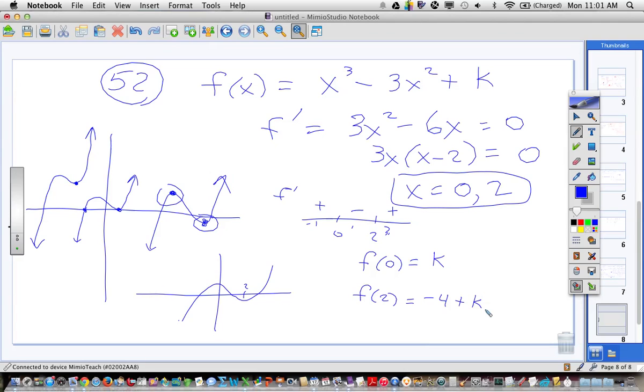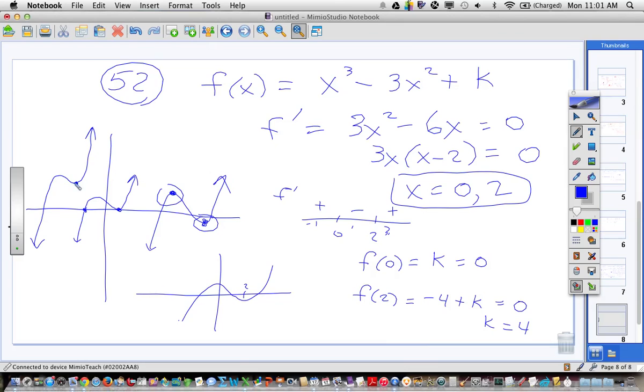What did I say I wanted? I wanted to know when these y values were 0. I needed to know right when this min and this max were going to be touching the x-axis, which means their output is 0. So when will this one have an output of 0? Oh, when k is 0. And this one will have an output of 0 when k is 4. Now remember, this one is my minimum, right?